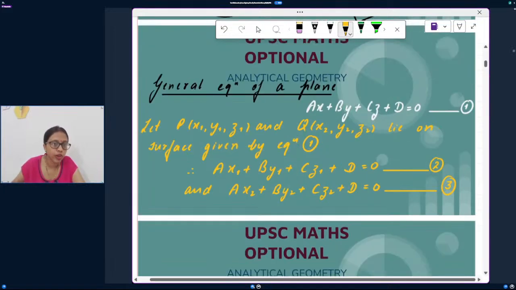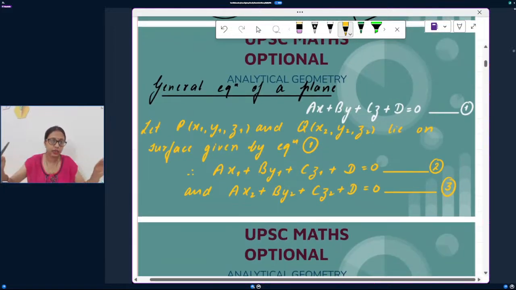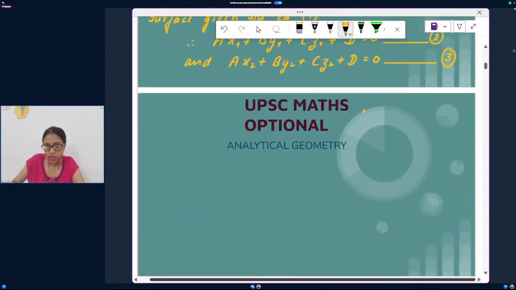What I have to prove is that the complete line joining these 2 points is on that surface. If the complete line falls on that surface, that means every point on the line satisfies the equation.